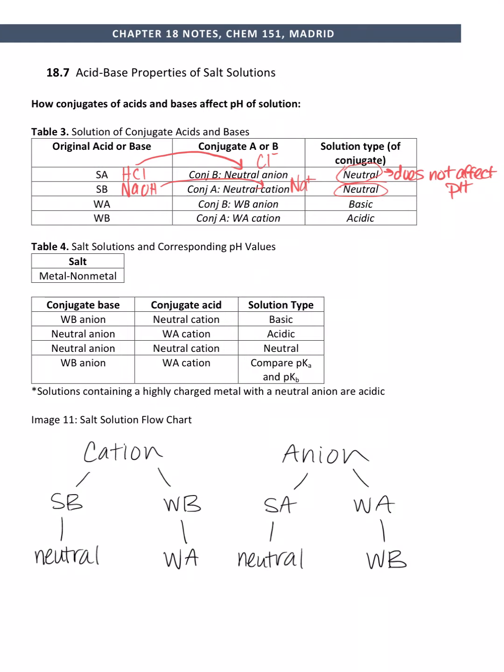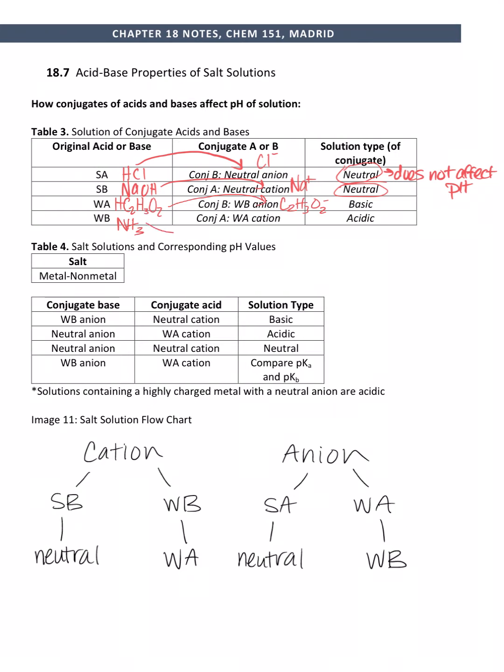However, if you have a weak acid or a weak base, let's give an example, maybe acetic acid. Now, when that dissociates, the anion that forms is acetate. And a weak base, let's say ammonia.